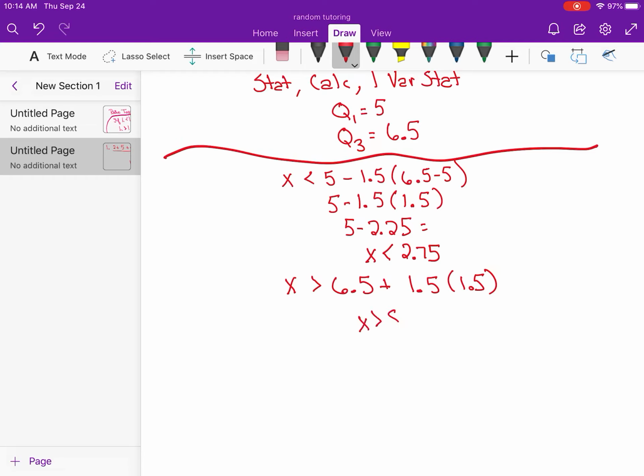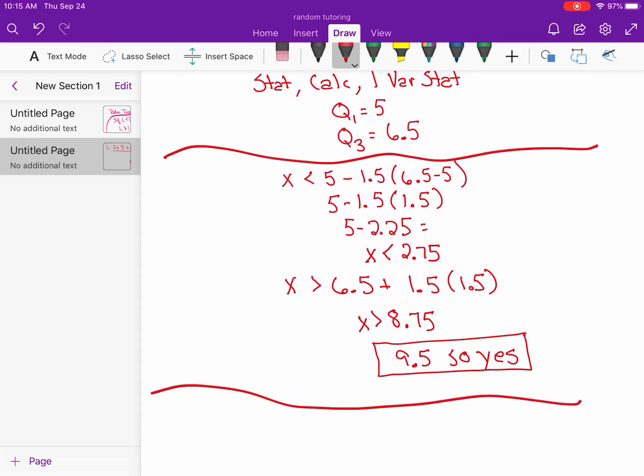So if x is greater than 8.75 in our data, then there is an outlier. And we had 9.5. So yes, this is an outlier. And that's where that came in, because 9.5 is a shoe size in our data set that we got in part 1. So that is definitely an outlier.